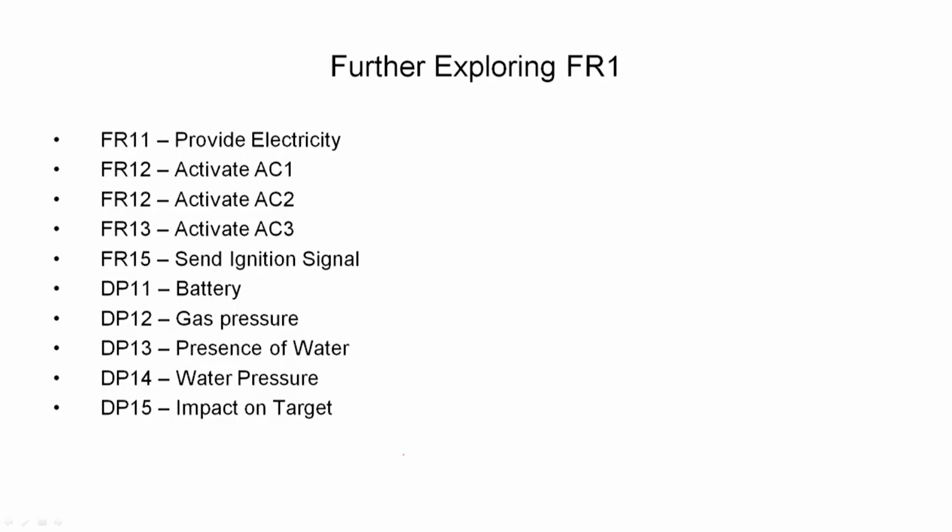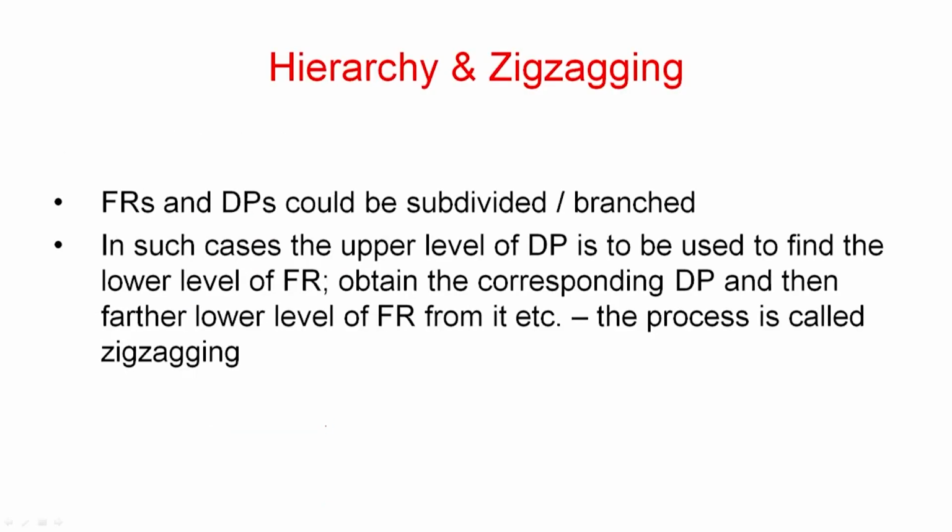If you explore each one of them, let us say FR1 is the electric system, then FR11 could be provide electricity, activate all three safety mechanisms, send ignition signal, battery, all these things will actually come into the picture. And similarly, for the detonation, the gas pressure, presence of water, water pressure, impact on target, everything becomes important.